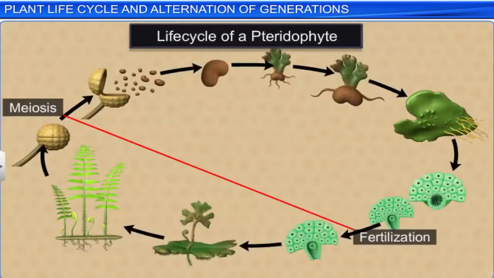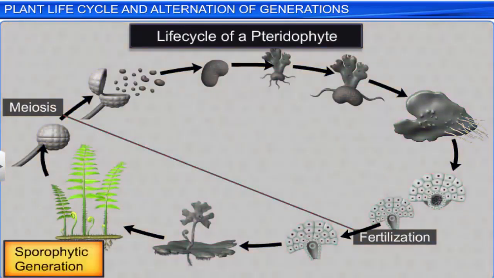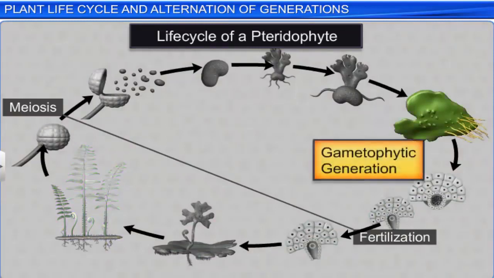In Pteridophytes, the photosynthetic sporophyte with vascular tissues is the dominant phase that alternates with the haploid, independent, multicellular, saprophytic, or autotrophic gametophyte.